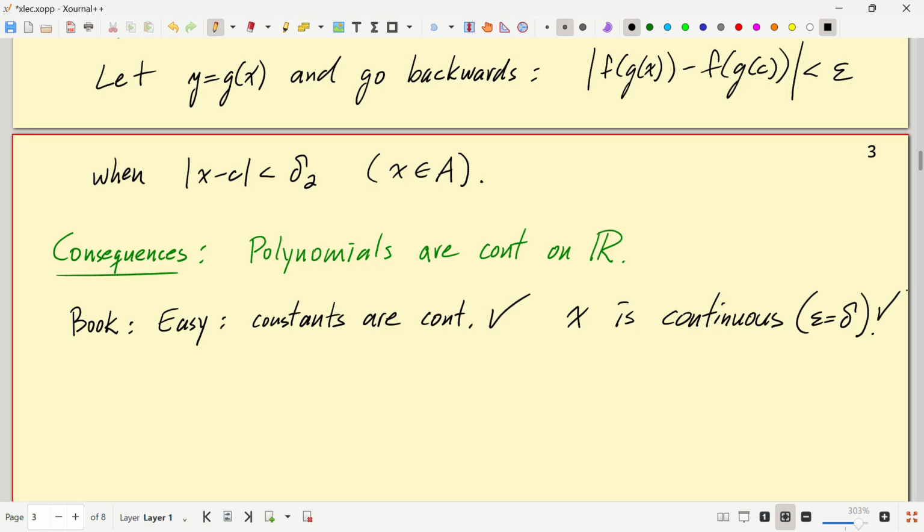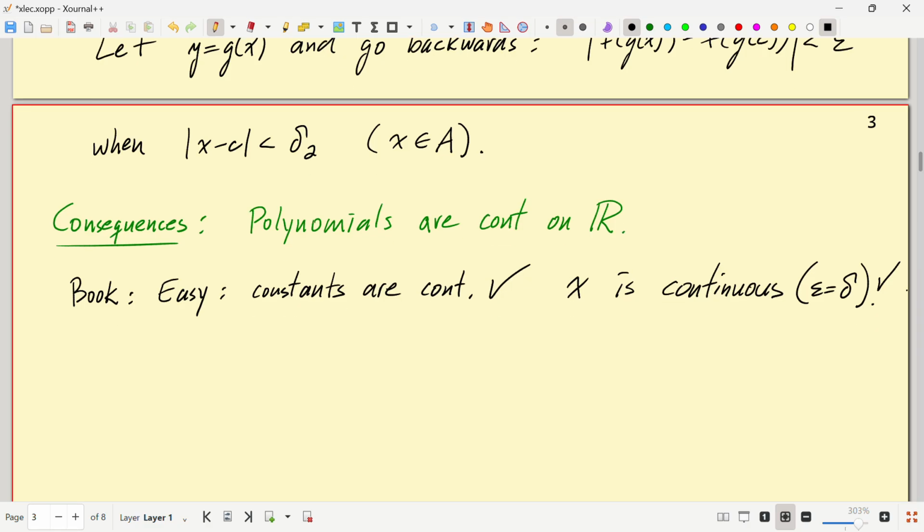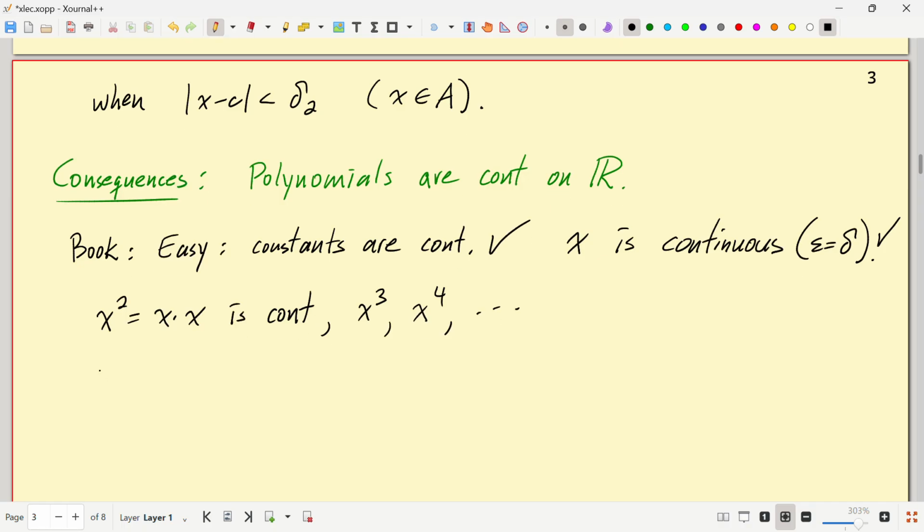So that's a big fat check. And therefore now I know all these theorems. I can multiply x times x. X squared equals x times x is continuous by the theorem that I can multiply them together and get more continuous functions. So is x cubed, x to the fourth, etc. And linear combinations of continuous functions are continuous.